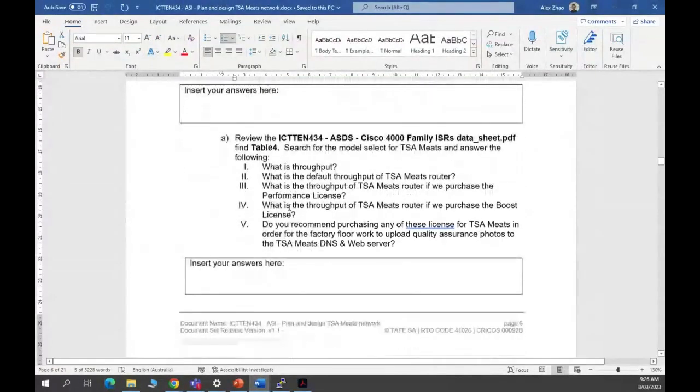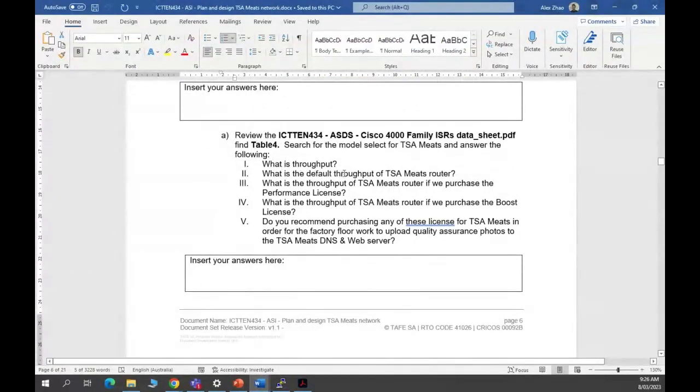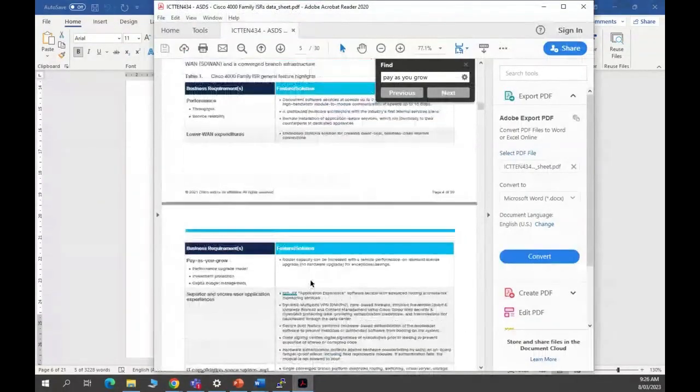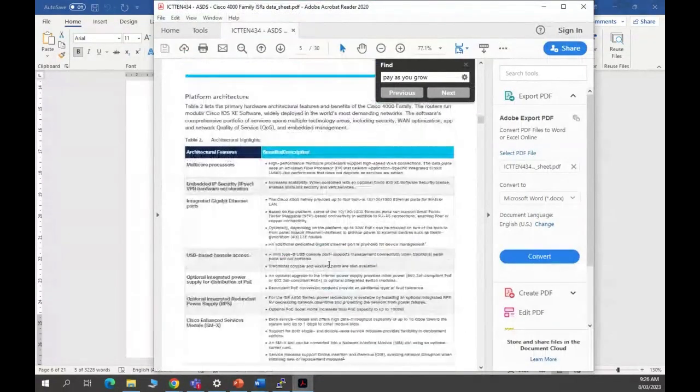So now, based on that, on table 4, what is the throughput? Sorry, what is throughput? What is the default throughput? I think we talked about throughput before. Just look it up or find it in your data sheet. So table 4, where's table 4? That's table 1.